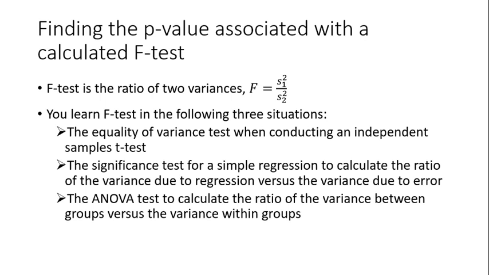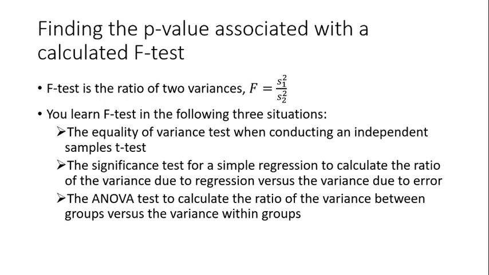We want to know whether the information, the signal coming out of the regression line, is larger than the background noise due to error. In the third situation, in the ANOVA chapters, the ANOVA test basically calculates the ratio of the variance between groups versus the variance within groups.